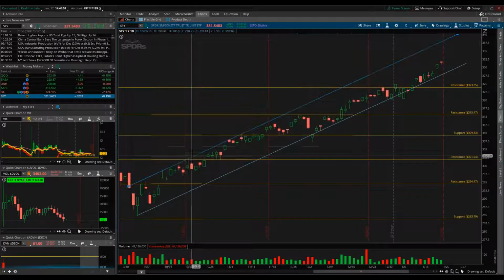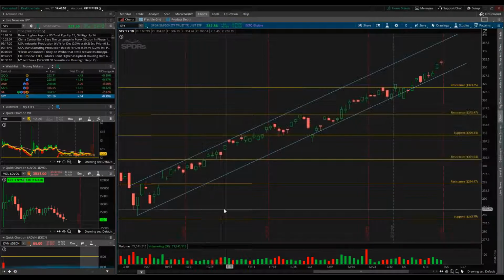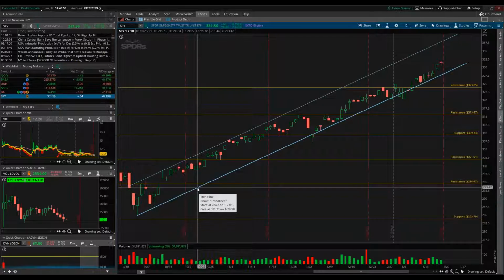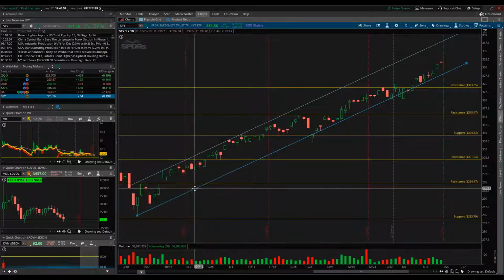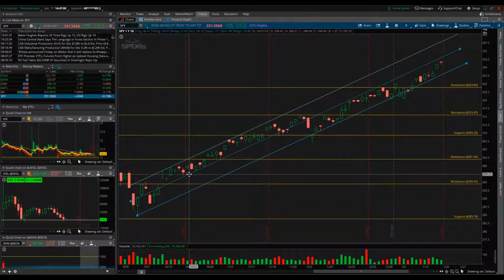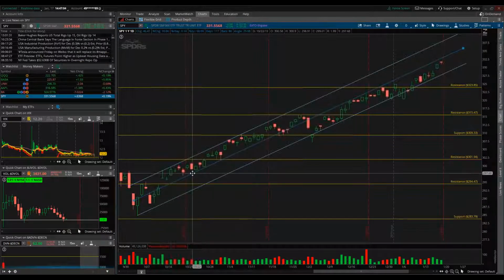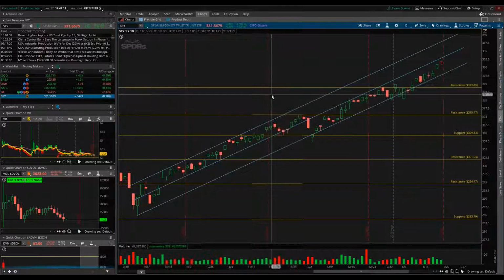To get the top, I just duplicated that line that I drew. You might even find that there's a mid channel. Right around here.